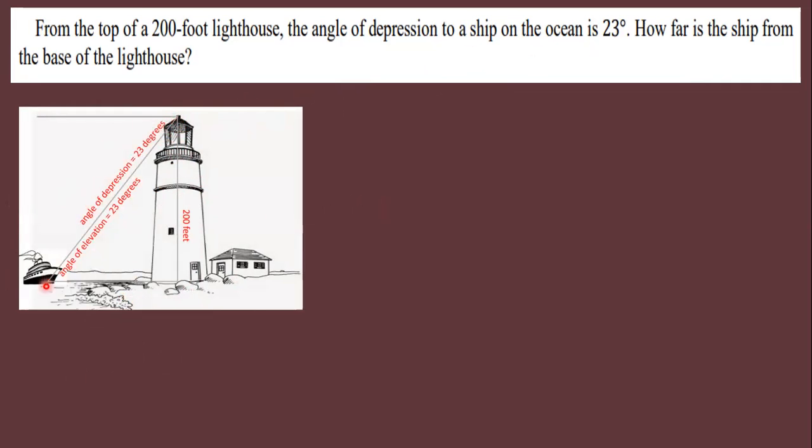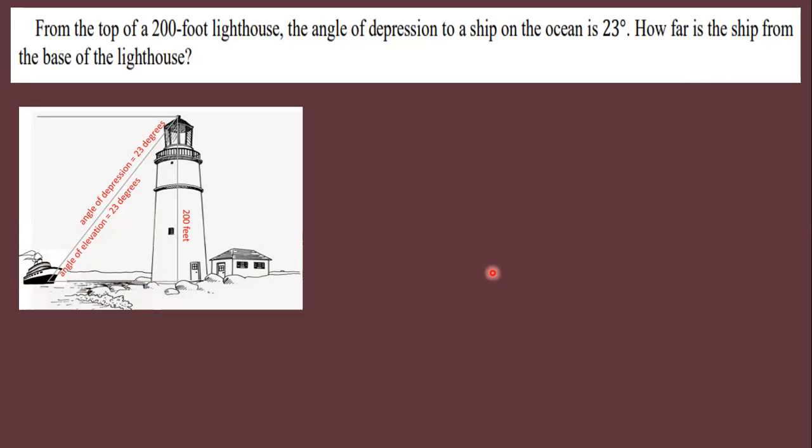But since we have a ship here, our angle of depression is just equal to the angle of elevation in the illustration. How far is the ship from the base of the lighthouse? So this is the ship and this is the base. So we are looking for this side.